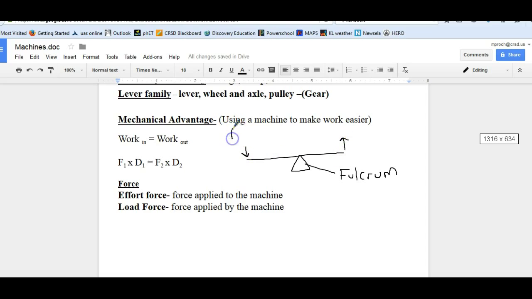So F in equals F out. And then depending on whatever this distance is, so if we have this part here, we have this part here, we have distance 1, or distance in, however you want to call it, and then we have distance out.